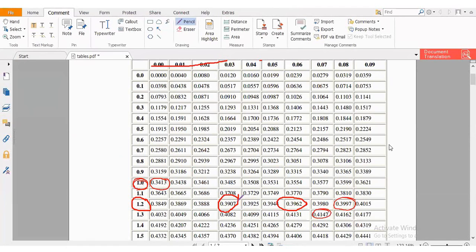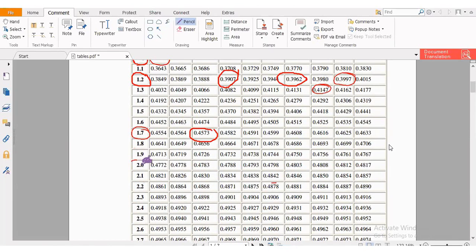You guys understood now? But for our problem, I want to find out the area from 1 to 2. But the table is giving 0 to 2 and 0 to 1 only. So let's find out the 0 to 2 area. What is the maximum value I can look at here? 2, yes or no?